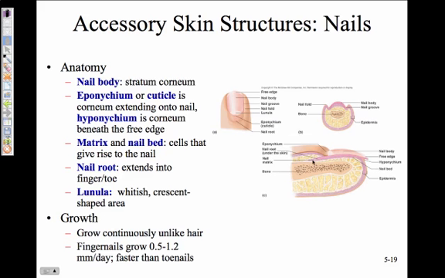It's right here around the same area as the nail matrix. And then lunula is the white crescent-shaped area by the eponychium right here. The growth is continuous, unlike hair, and so fingernails grow about 0.5 to 1.2 millimeters per day, and it's quite a bit faster than toenails. So there's no growth and resting stage for nails.